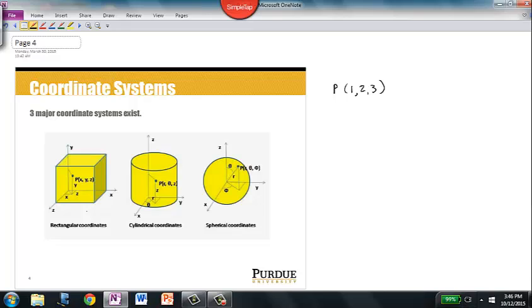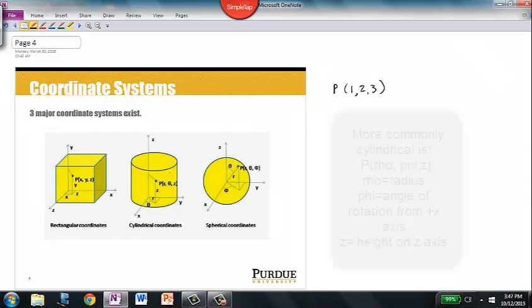In addition to the rectangular or Cartesian system, there are 2 other major coordinate systems often used by engineers, physicists, and mathematicians: the cylindrical coordinate system and the spherical coordinate system. In the cylindrical system, any point can be visualized as existing on the surface of a cylinder, and that's going to have a unique height, a unique radius, and a unique angle.